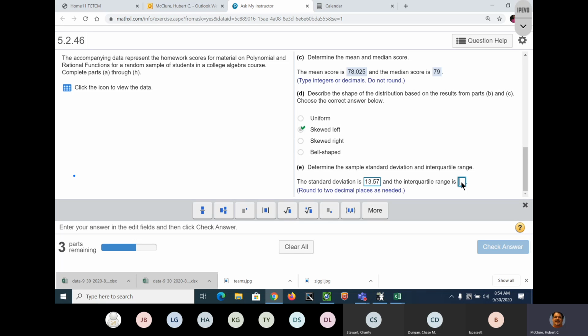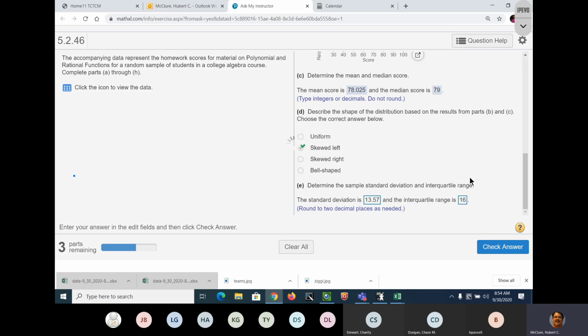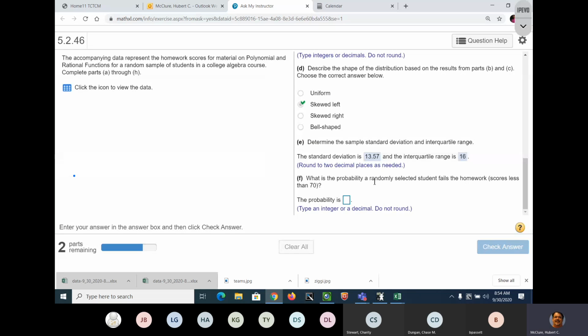So that's going to be 88 minus 72. And that's going to be a 16. Is that what y'all got? 16. What is the probability of a randomly selected student fails the homework scores less than 70?